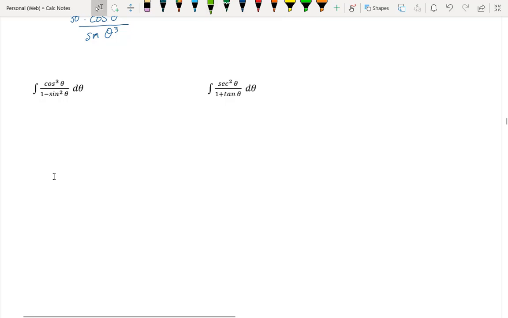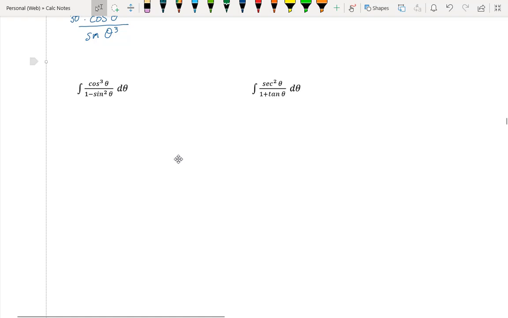All right. Next one. So this one I'm seeing a 1 minus sine squared theta in the denominator. Is the numerator cosine cubed theta the derivative of 1 minus sine squared theta?